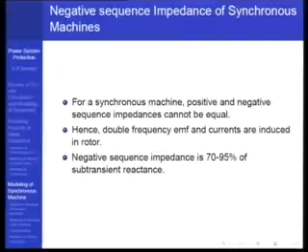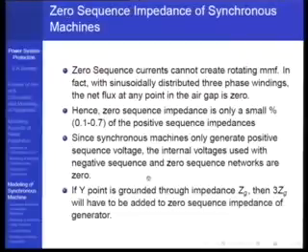The net flux tending to reduce means the effective inductance seen also reduces. So therefore the negative sequence impedance is usually taken around 70 to 95% of the subtransient reactance. I mean, it will be lesser than the subtransient reactance, low.